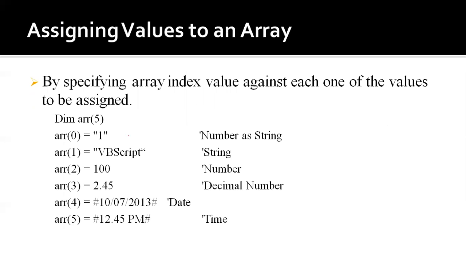Assigning values to an array: we can assign different types of values to an array in this way. Dim ARR5(5), it means it is an array of 6 elements, indicating index 0 to the 5th index.